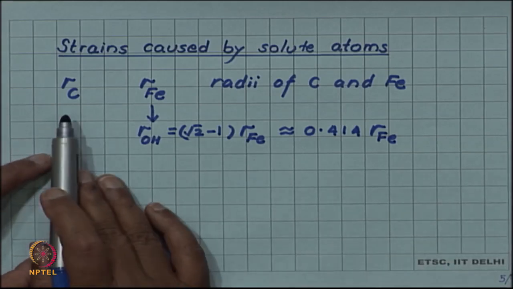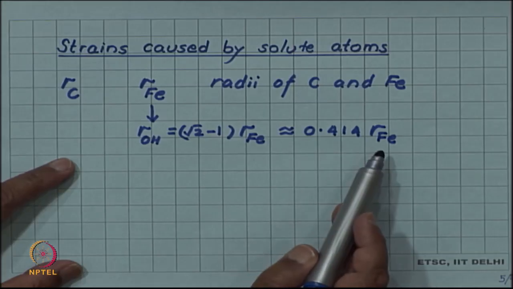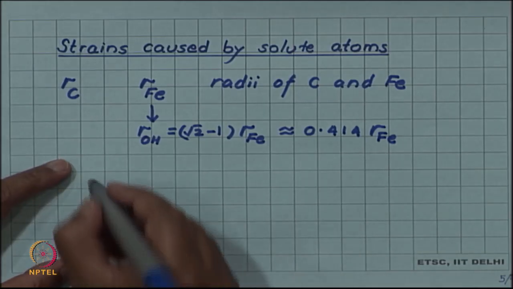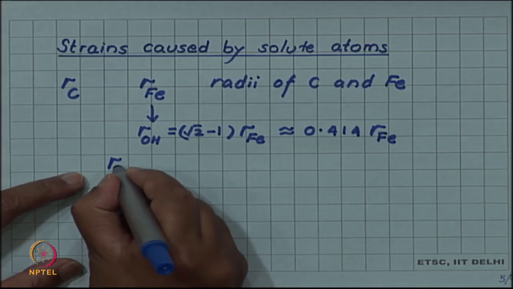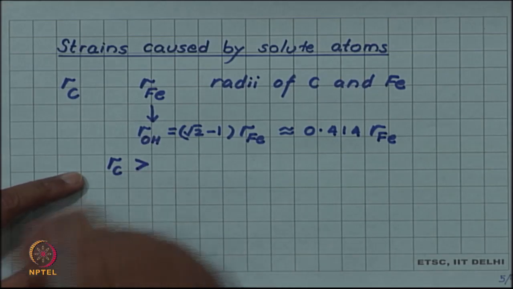So, the carbon atom has to fit into this void, which can accommodate at most 41% of the radius of the iron atom. But the actual size, although the carbon atom is smaller than the iron atom, is larger than the void size.